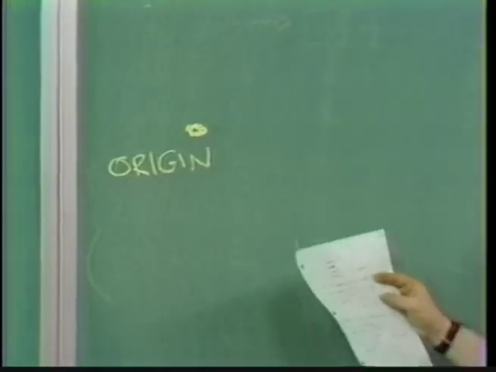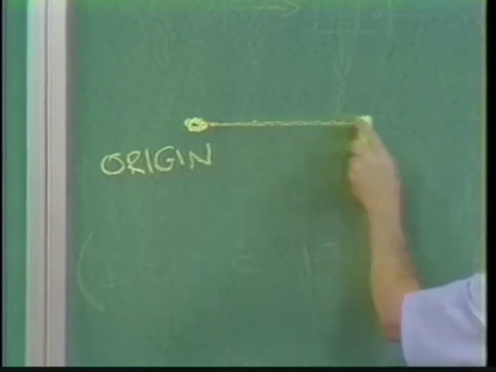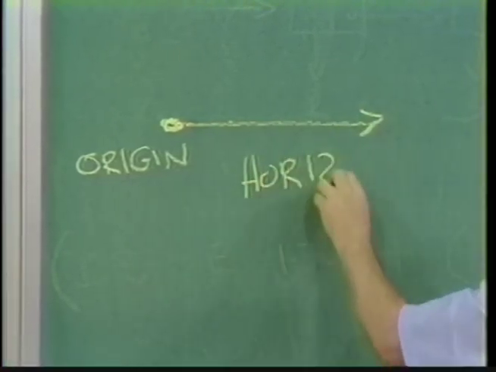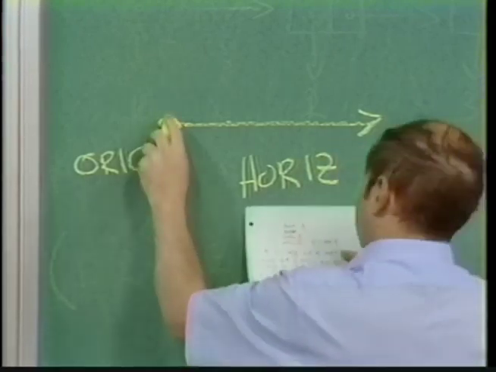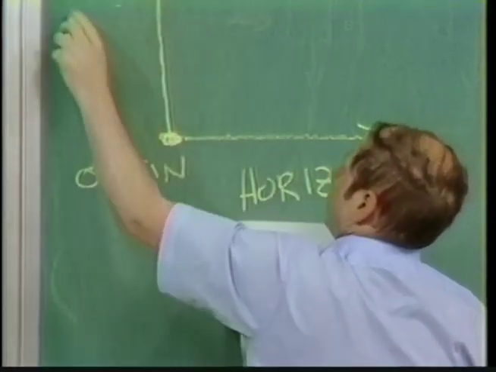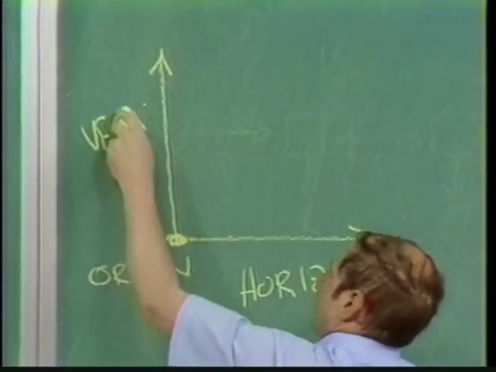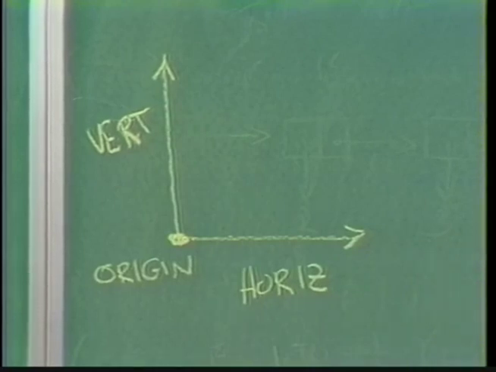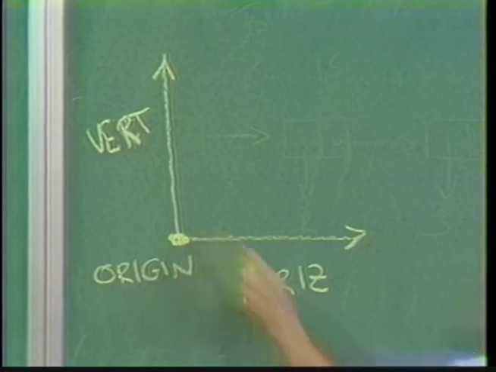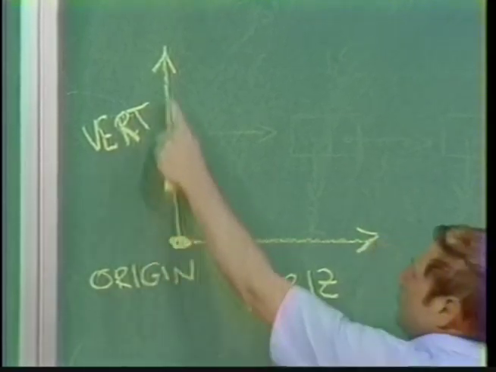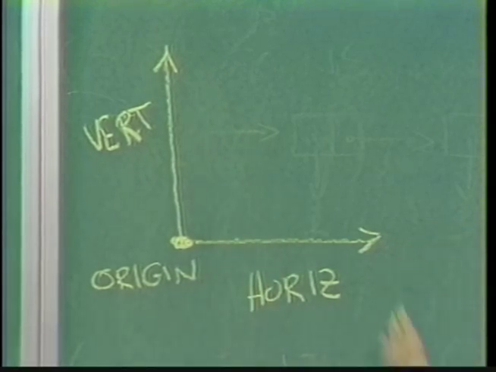That's going to be some vector that says where the rectangle starts, and then there's going to be some other vector that I'm going to call the horizontal part of the rectangle, and another vector called the vertical part of the rectangle, and that specifies those three pieces of elements: where the lower vertex is, how you get to the next vertex over here, and how you get to the vertex over there. Three vectors specify a rectangle.